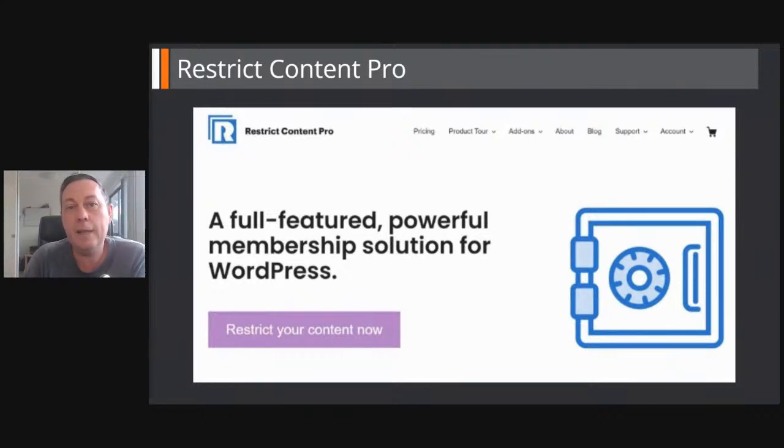I would like them to add Stripe in for free, but obviously, that's out of my hands. Because I think PayPal is a really bad option for taking payments. I really don't like PayPal, and I love Stripe. So that is the only negative I could really find from Restrict Content Pro. A really stable, really sturdy plugin if you want to start building your membership site on that one.